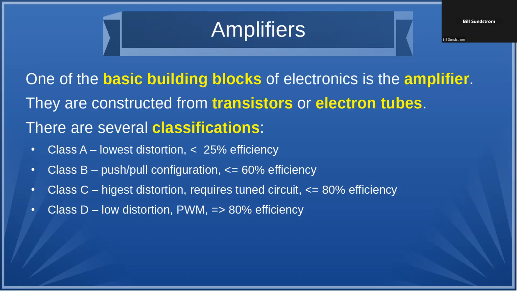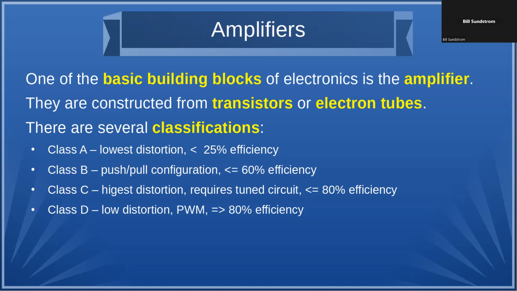The next one is called a class B, which they came up with to try to get the same kind of low distortion that you get in a class A, but increase the efficiency. And they do it by what we call a push-pull configuration, where you use two transistors or tubes, and one amplifies the positive portion of the signal and the other one amplifies the negative portion of the signal.